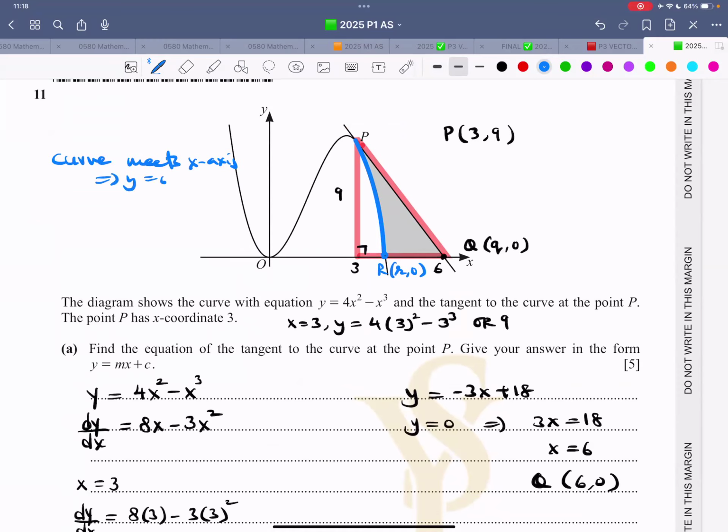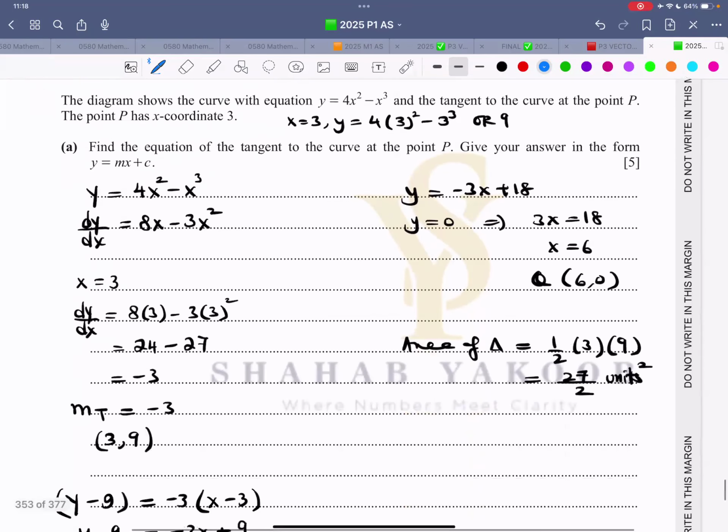Therefore, y is equals to 0. So x square common. 4 minus x equals to 0. X is 0. That is this point, not relevant to us. And x is equals to 4. So this is between 3 and 4. That is the area that we are talking about. That means if we find this blue area, subtract it from the area of the triangle, you will get the area of the shaded region.